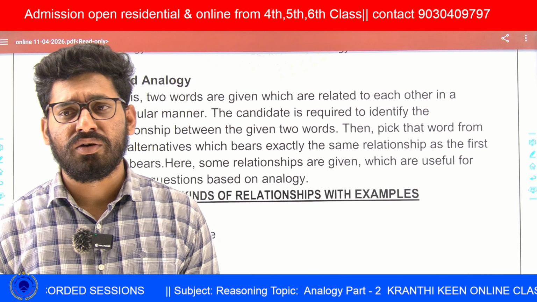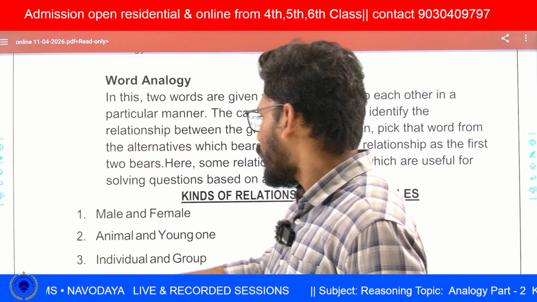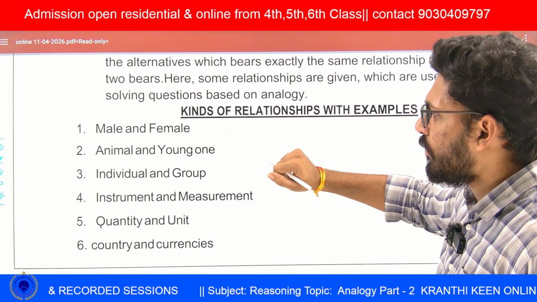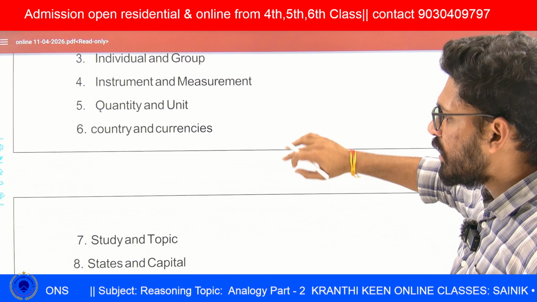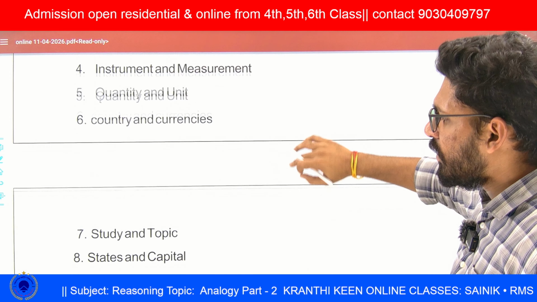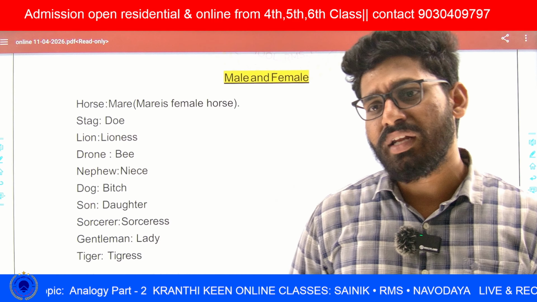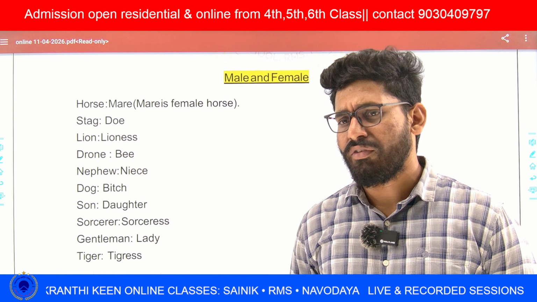As I showed you in the previous class, these are the topics on which they might ask word-based analogy: male, female, animal, young one, individual, group. We discussed these in the previous class, and now we are going to learn some words on other topics, meaning relationships based on male and female, individual and class, countries and currencies, so that we gain the knowledge.